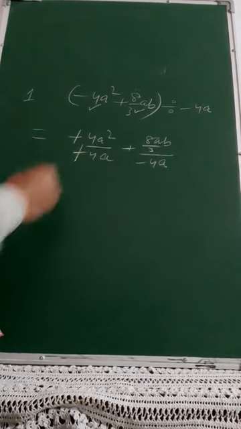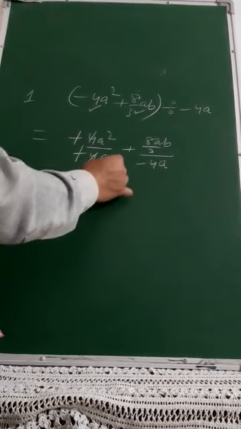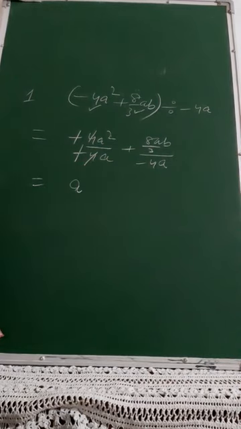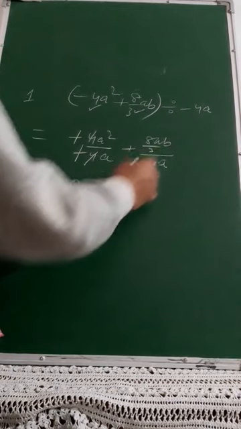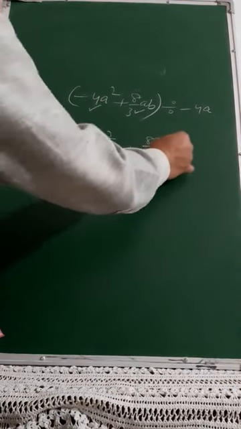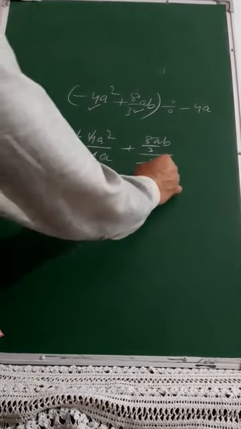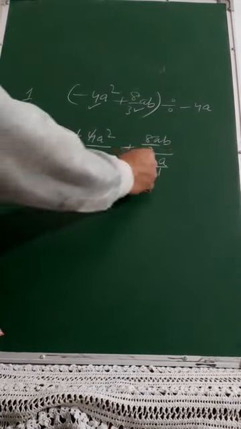So do it nicely, take your time. Here no problem is there. Minus will go off, 4 will also go off. A square when you will divide by a, so only a will be left. Here you see, you know the procedure. This is the numerator, so you write the numerator as it is. When ab is written like this, it is always there with the numerator only. And here if nothing is there in the denominator, you always put 1. So minus 4a upon 1.